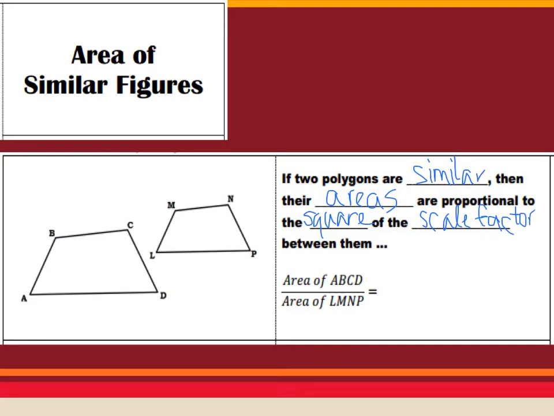Another way to say this is that the area of ABCD over the area of LMNP is equal to their scale factor squared.